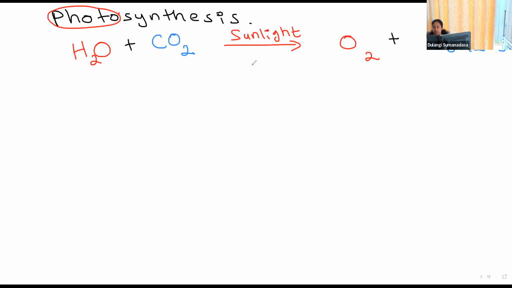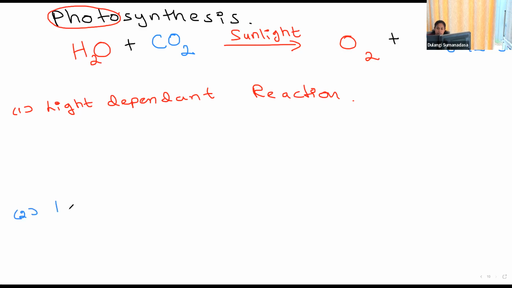Don't balance the equation now, no need. So the two reactions, the same two reactions, right? Light dependent and then light independent reaction, use the same two colors.